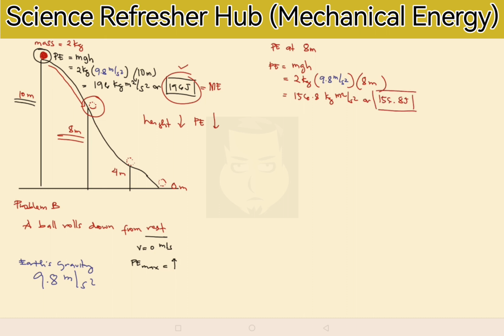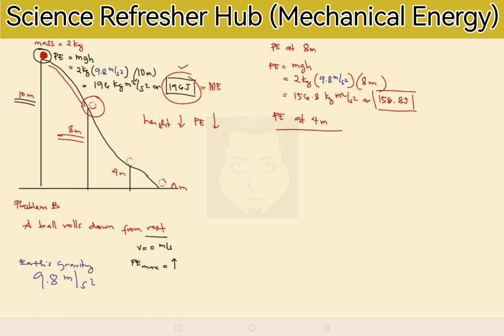As you can see, it's getting lesser compared to 196 joules. Okay, and for sure it will be lesser than 156 if you have to calculate the potential energy at 4 meters. Okay, you can pause this video and try it on your own. What's going to be the PE at 4 meters?